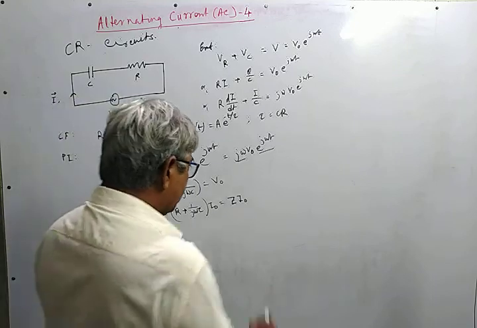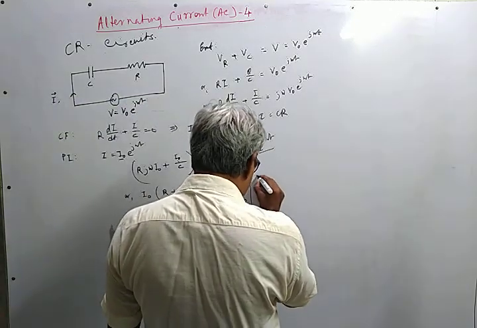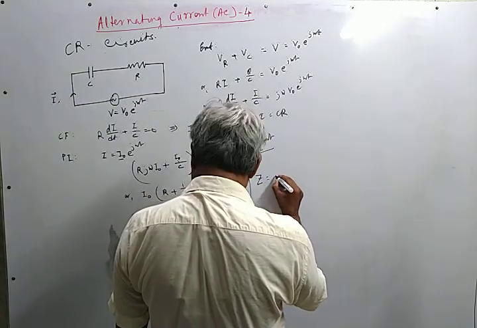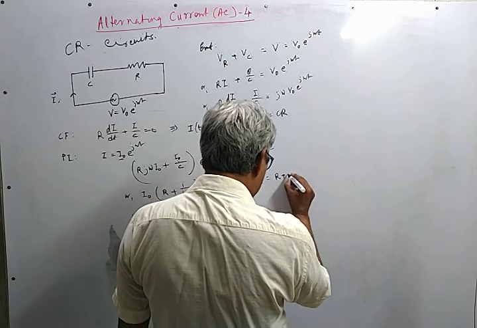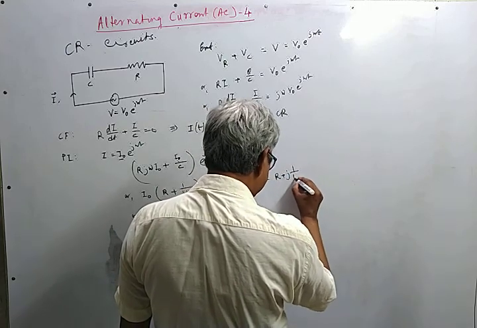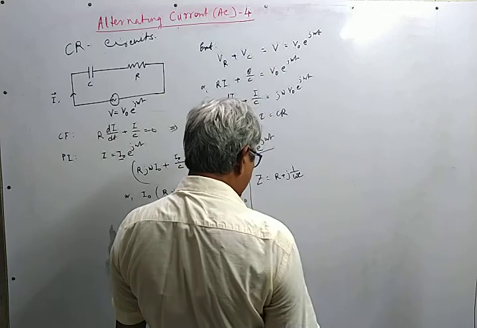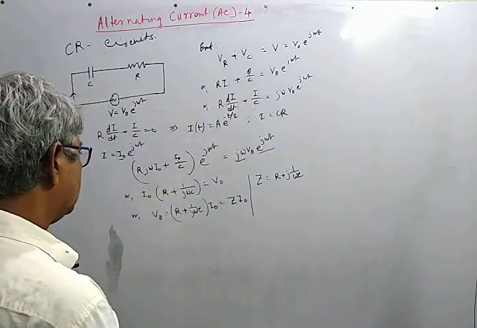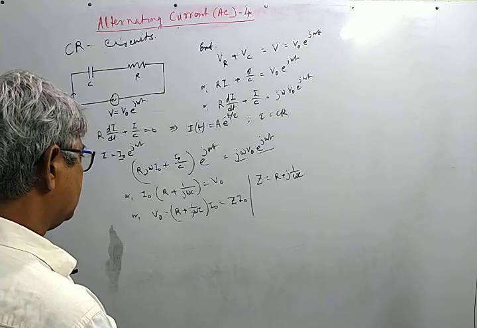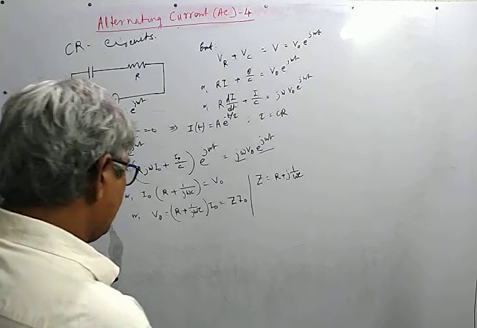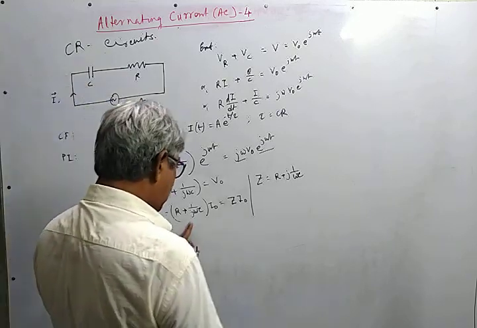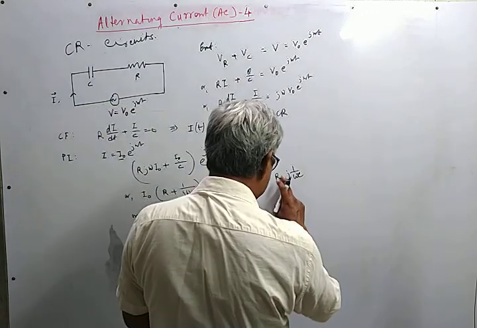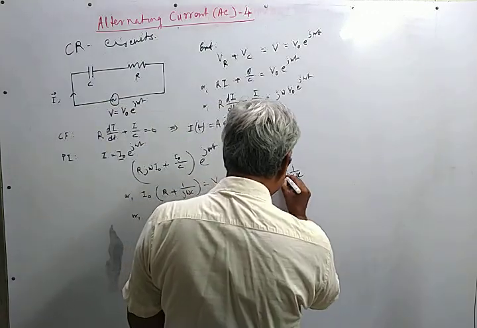Z I0, where we define Z, the impedance for the CR circuit, as R plus 1 upon j omega C. Sorry, this j is in the denominator, so the sign will be minus.